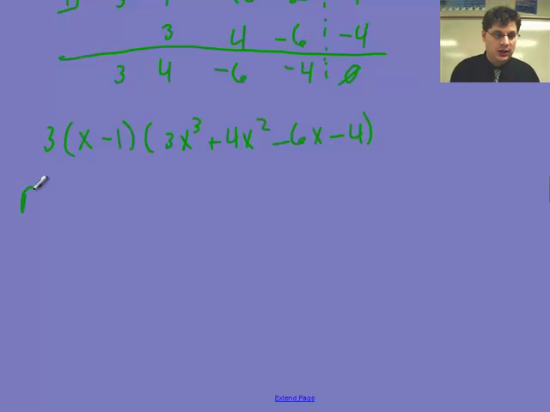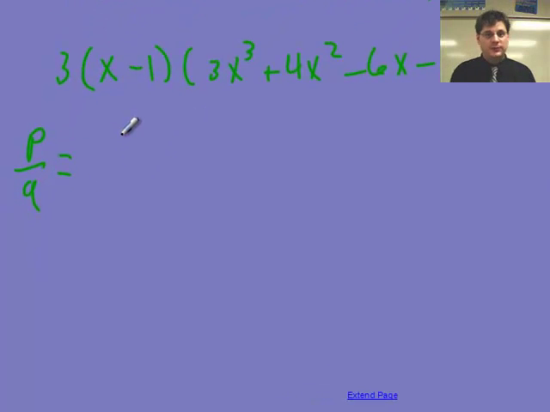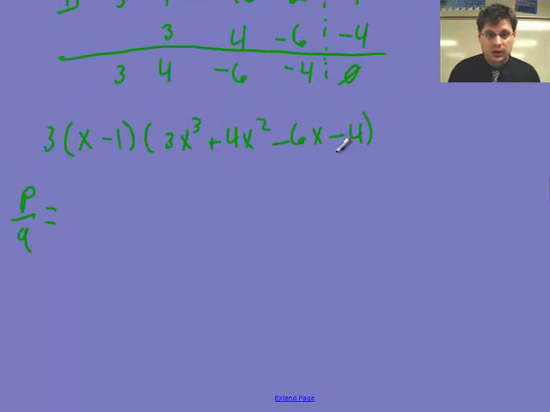So we'll have to do the P over Q, but this time we're going to be using just this cubic function. So factors of -4 and +3. So again, our constant and our leading coefficient.